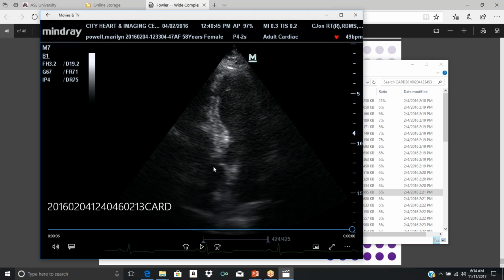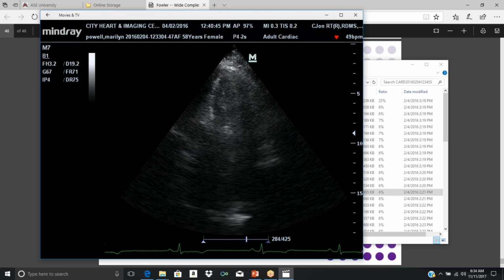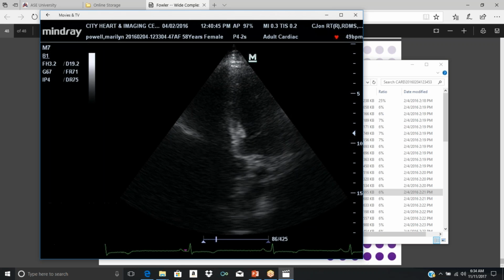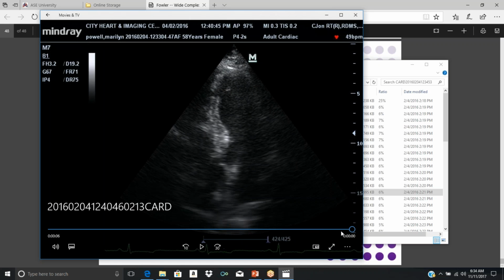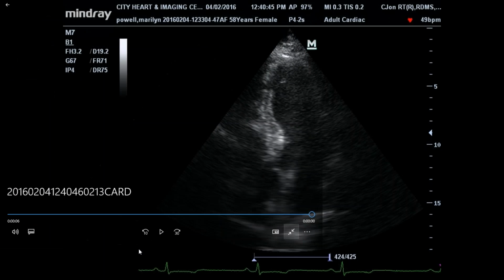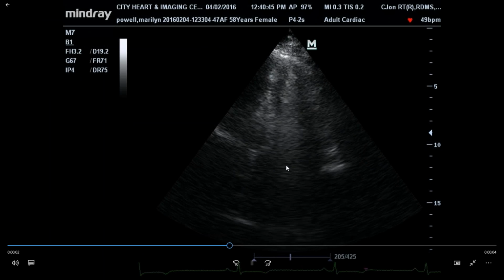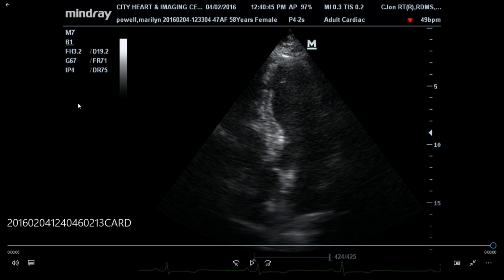Tilt the transducer downward, you get the 5-chamber view with your aortic valve right there, and you can see the moderator band up there. Okay, apical 5-chamber view. This is the aortic valve, aortic root, ascending aorta.